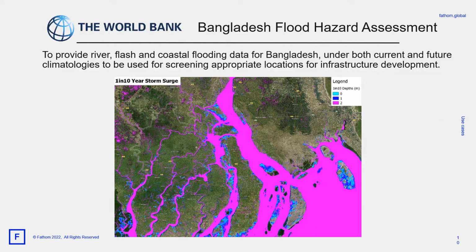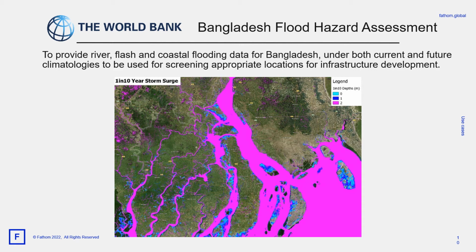The next example is a World Bank example. And this particular one is some work in Bangladesh. And this is basically providing current and future climate scenarios of flooding to minimise flood risk for infrastructure development. So understanding what the likely impact going forward will be if you build in certain locations.